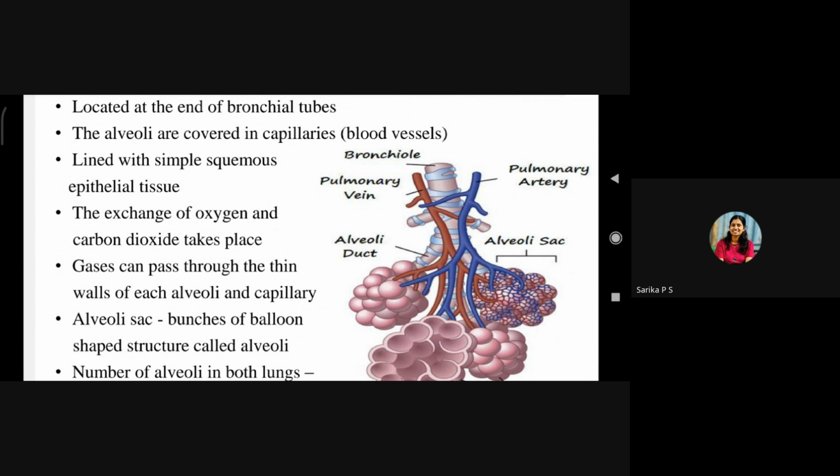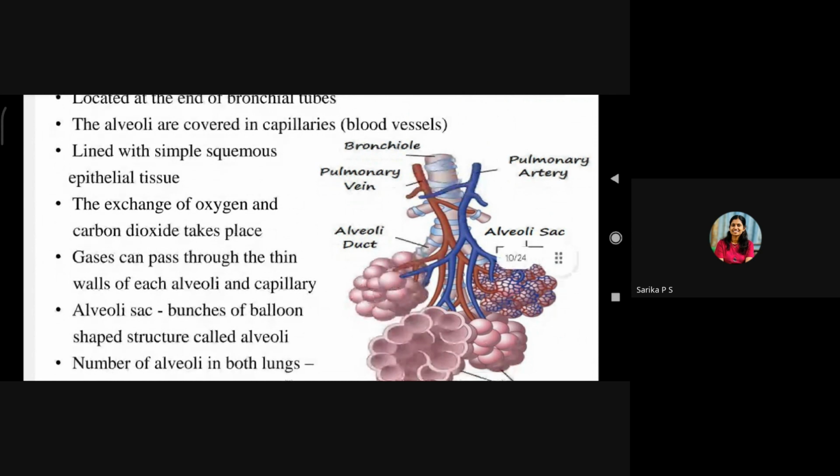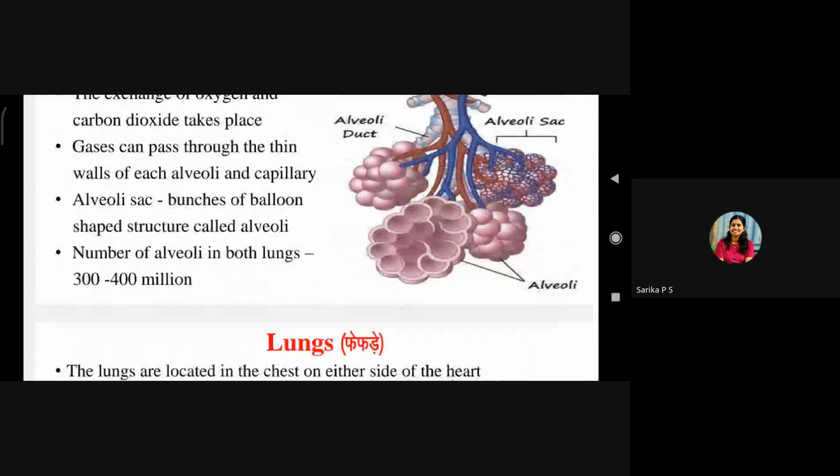Alveoli are branches of balloon-shaped sac structures. The singular form, a particular sac, is known as an alveolus, and when they are grouped together in the plural, they are called alveoli.